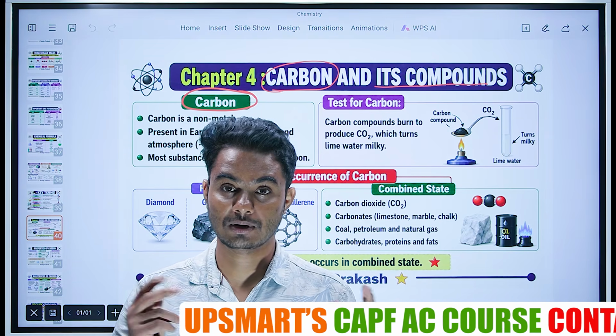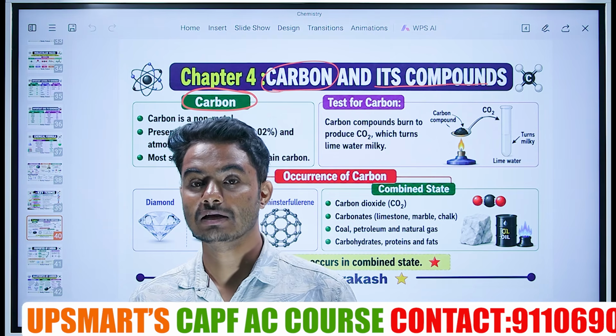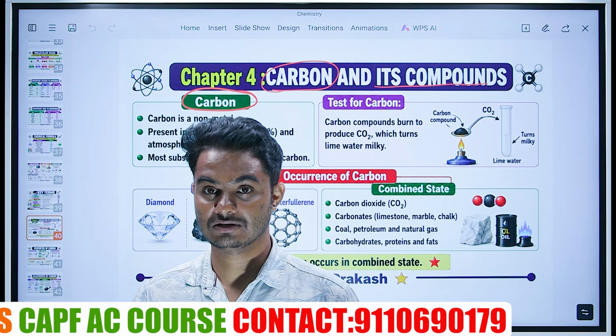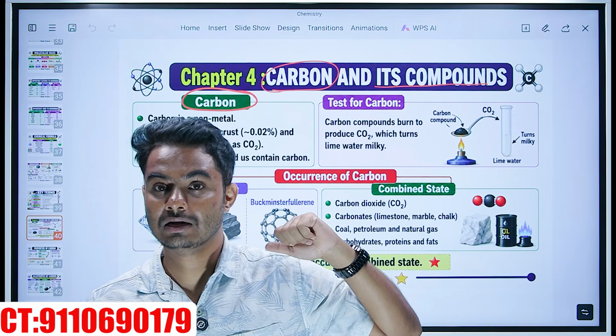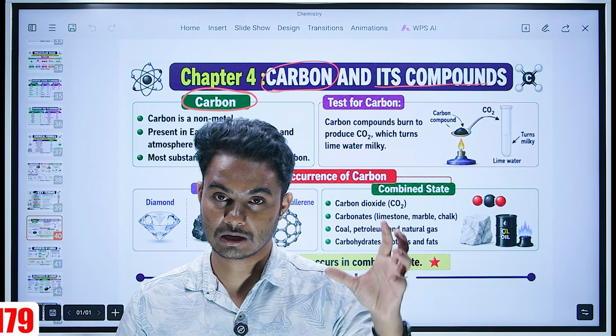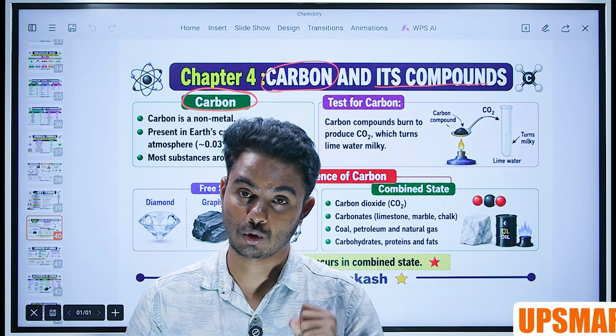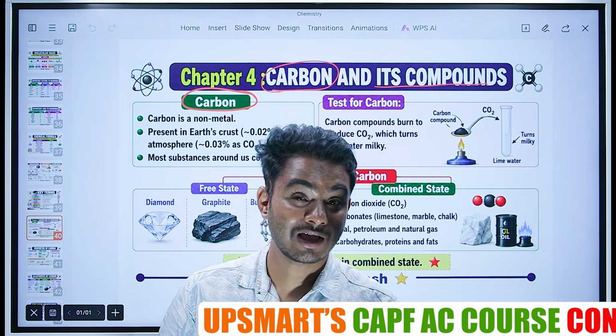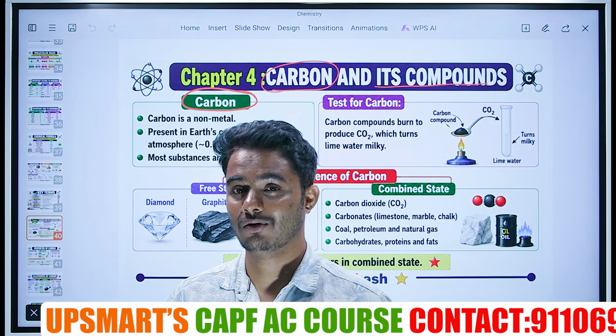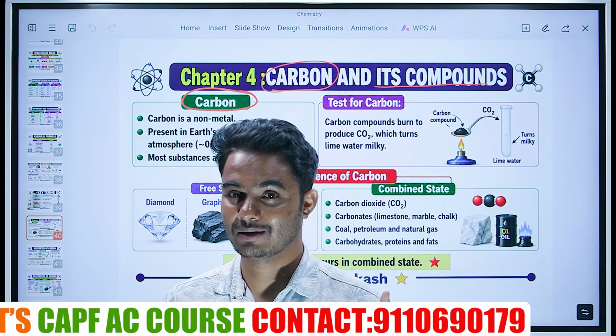Natural means it has to come naturally, biologically. Synthetic means manufactured by humans. What is organic and inorganic? Those compounds which have carbon as an element within them are called organic compounds. Those compounds which don't have carbon as an element within them are called inorganic compounds.